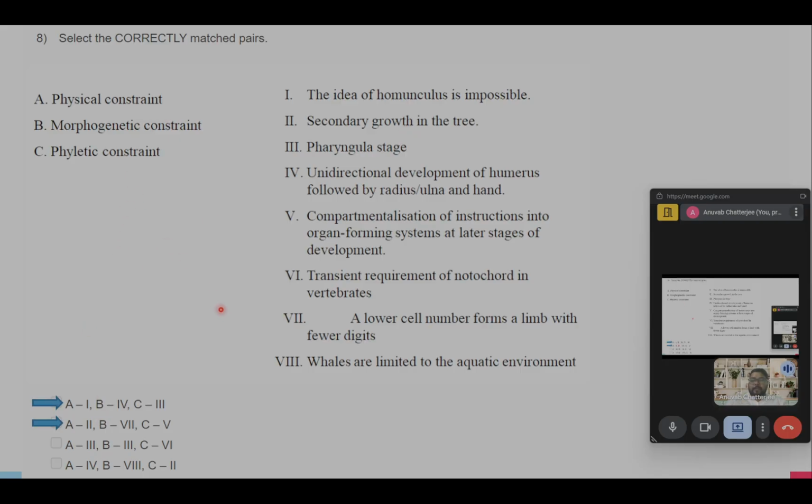B is 7, which is a lower cell number forms a limb with fewer digits. This is obviously a morphogenetic constraint as well as a physical constraint. And C is 5, which is the compartmentalization of instructions into organ forming systems at later stages of development, which is a phyletic constraint.